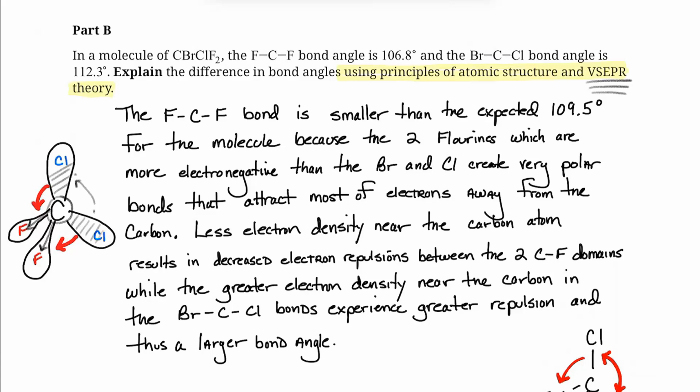So the question states that in the molecule we have here, the fluorine to carbon to fluorine bond, right here, has a bond angle of 106.8. Now that should ring a bell: wait a minute, this is a four-sided tetrahedral sp3, which should have 109.5. So the bond angle here is smaller than 109.5.